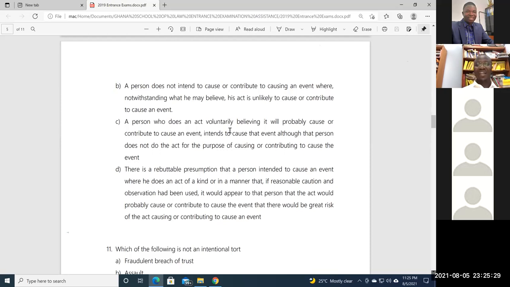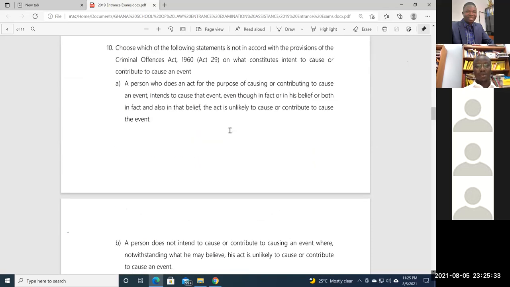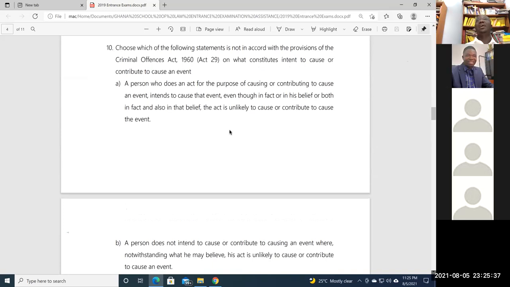Okay, my advice is that for criminal law, even if you cannot read everything, there are certain essential things you have to pay attention to. First, about the substantive criminal law itself, let's say like the Act 29.